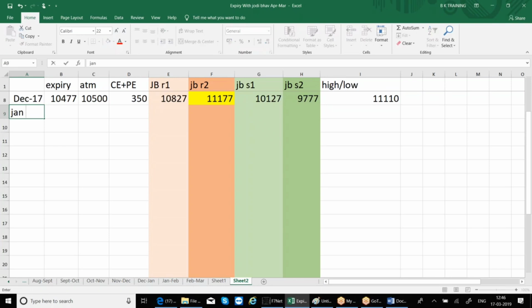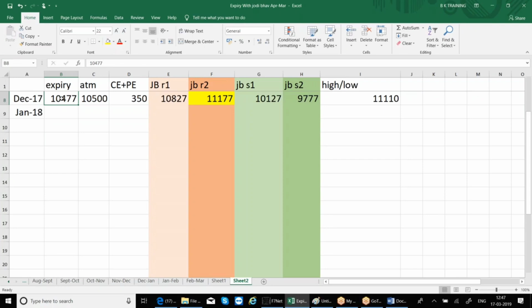Jan expiry, Jan 2018. अब यहाँ इसके पहले मैं आती हूँ, ये 10,477 पे बंद हुआ दिसंबर. I have calculated for January.